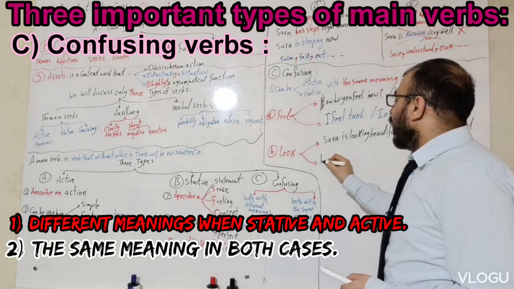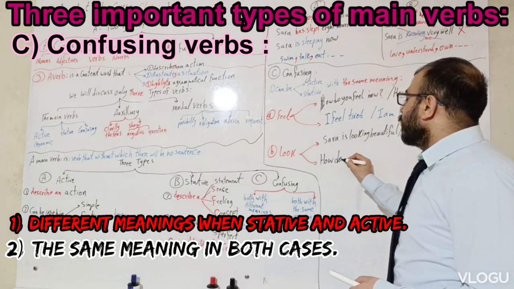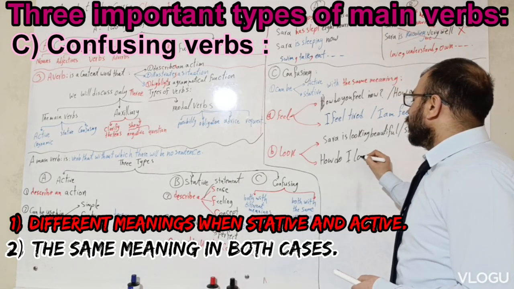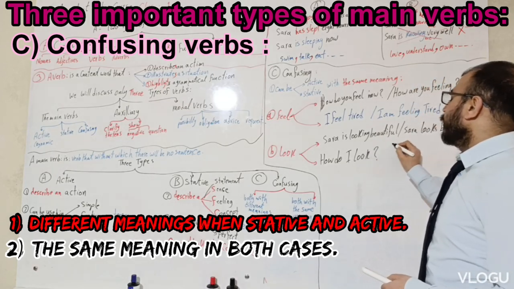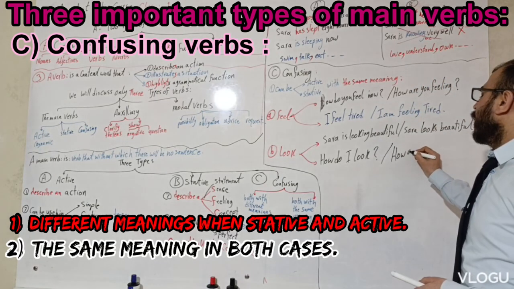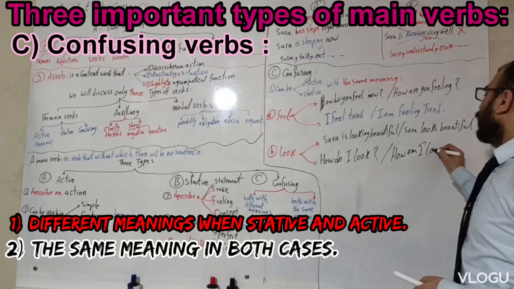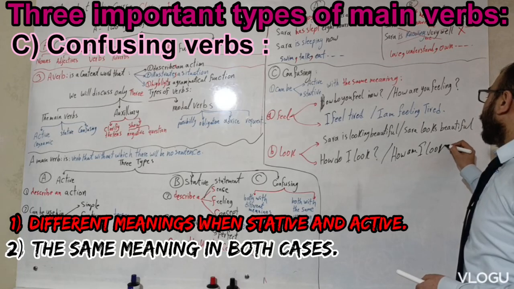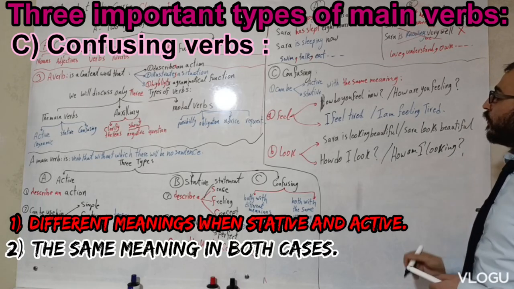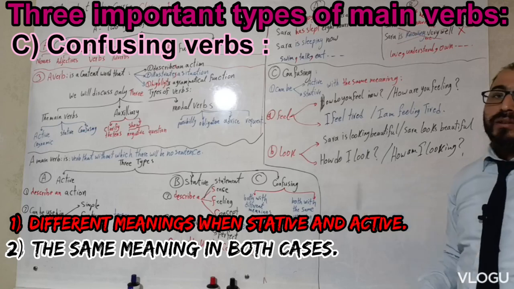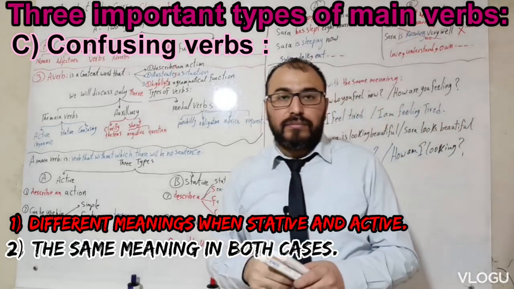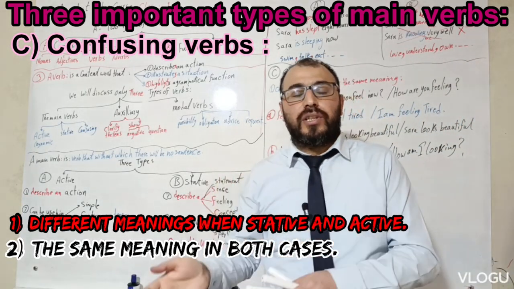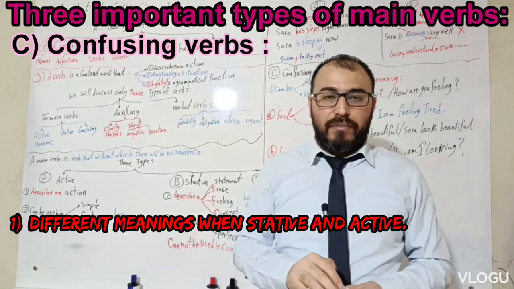We can say, how do I look? Or we can say, how am I looking? Again, my friends, whether in the simple form or in the continuous form, they have the same meanings.